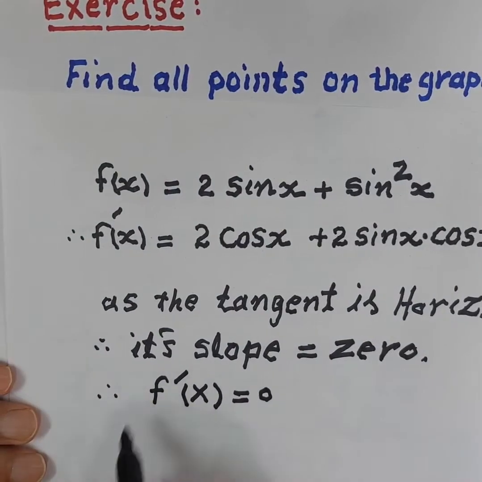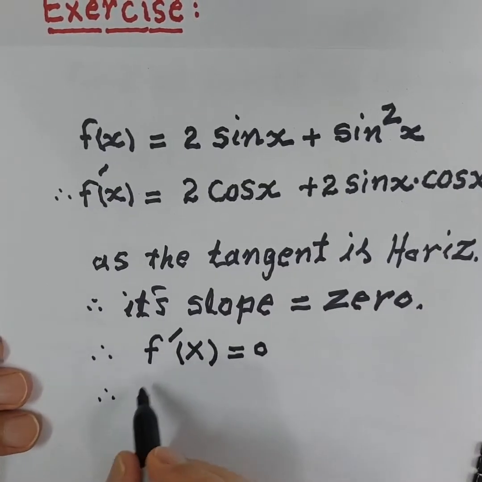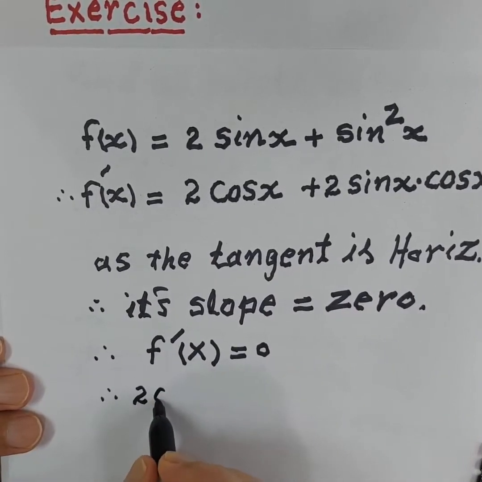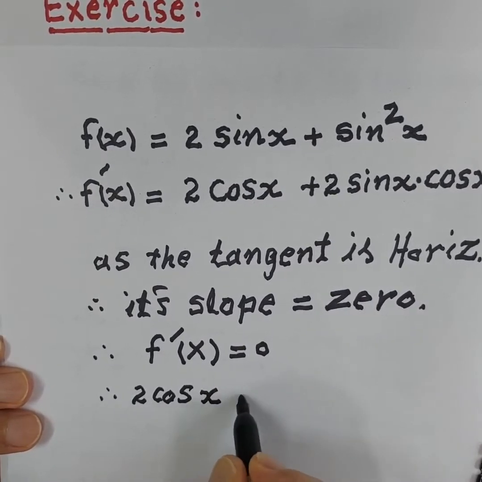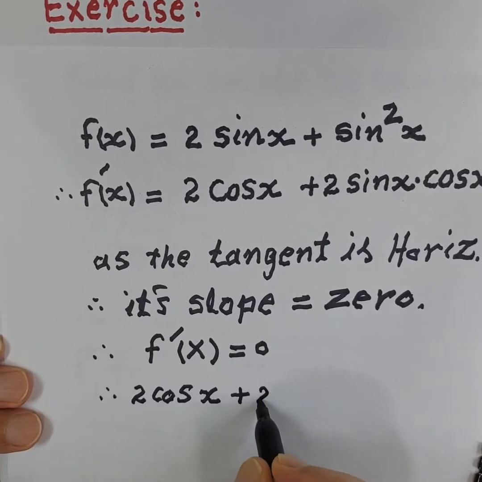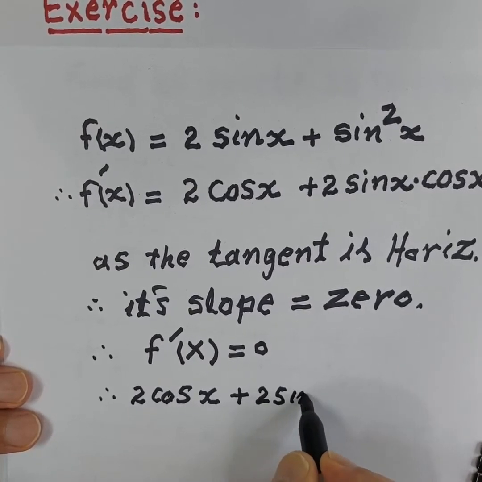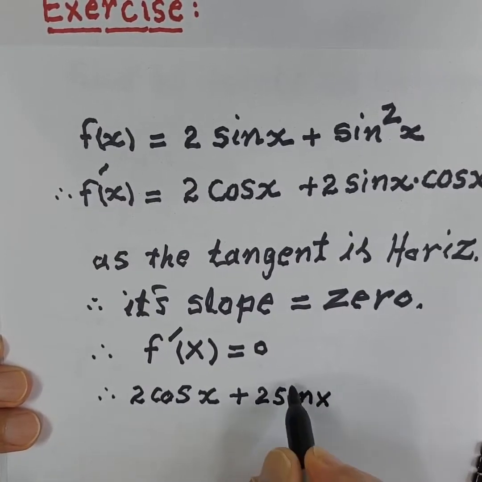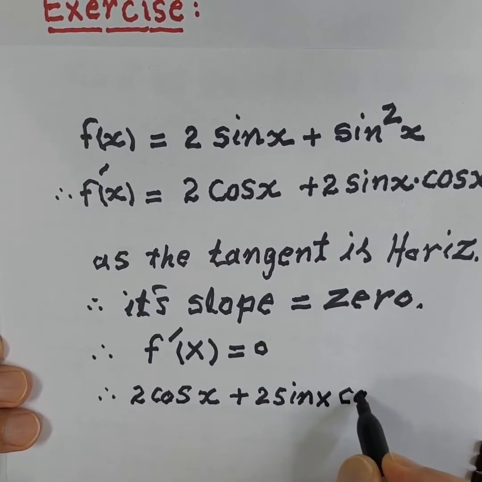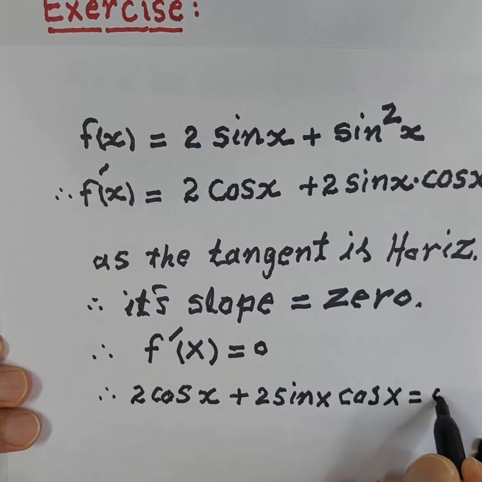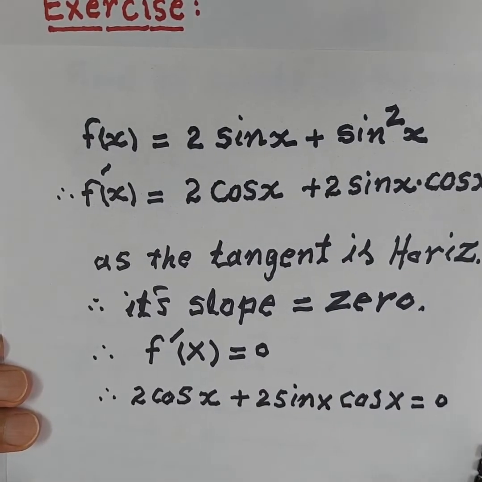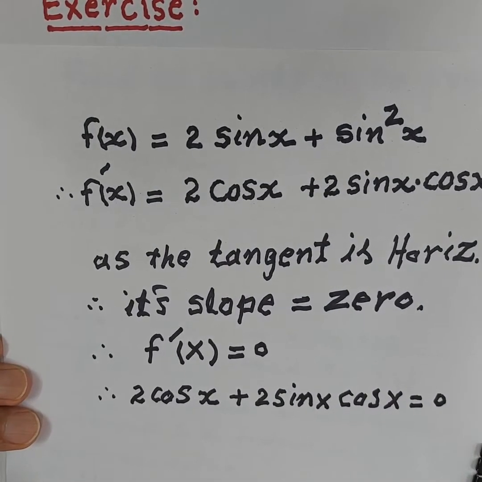Then we can write 2 cosine x plus 2 sine x multiplied by cosine x also equal to 0. We can divide both sides by 2 to eliminate the constant.